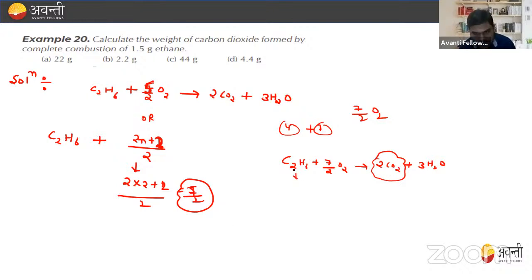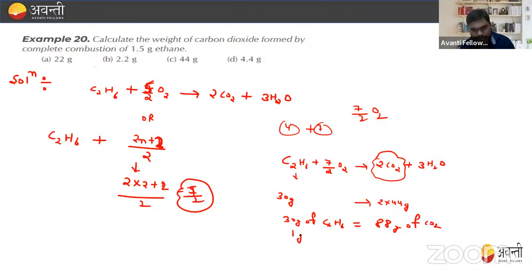So in this we know that 12 into 2 is 24 plus 6, that is 30 gram. So the 30 gram of ethane will give CO2, we know 44. So we can calculate like 2 into 44 gram. So we can say that 30 gram of ethane, that is C2H6, produces 88 gram of CO2, right?